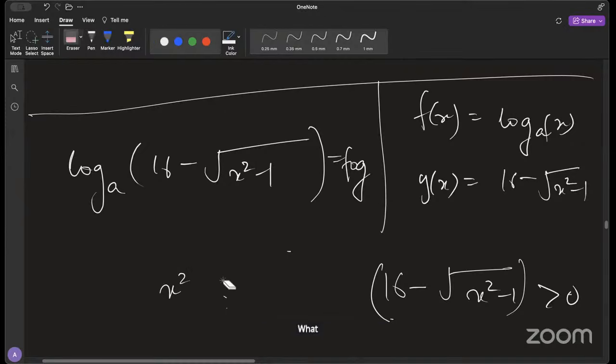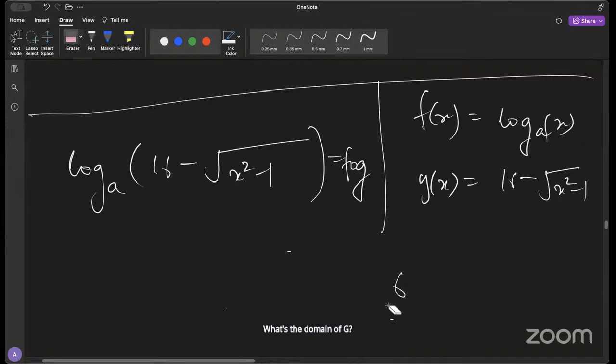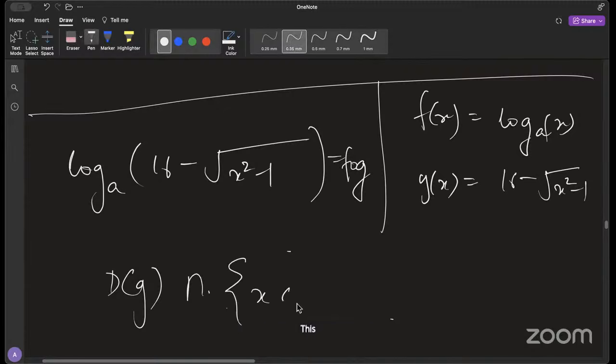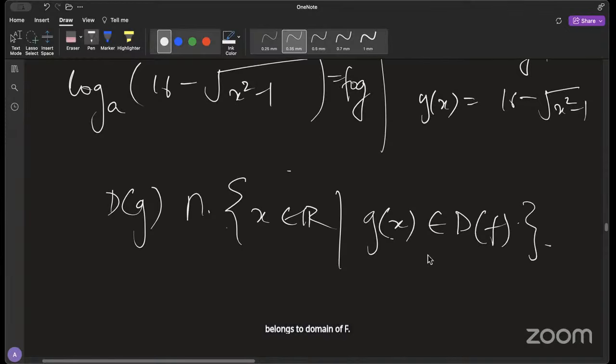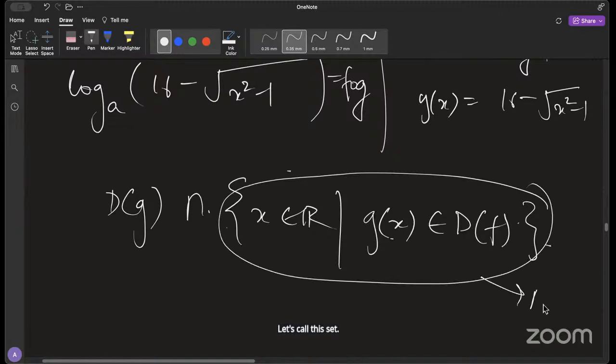What's the domain of G? You have to find the domain of G, and then intersect it with the set of x belonging to real numbers such that g(x) belongs to the domain of f. Let's call this set A set.